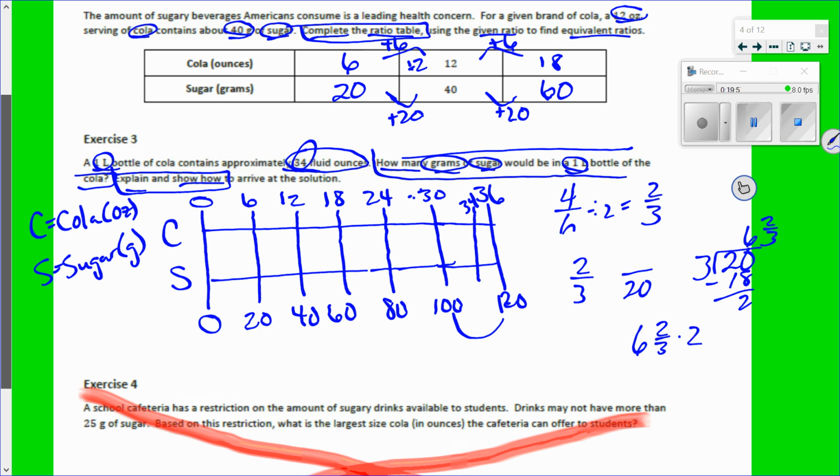I'll do the math properly this time. I took a shortcut last time. So that's 20 thirds times 2 over 1 gets me 40 thirds, which simplifies down to 13 and 1/3.